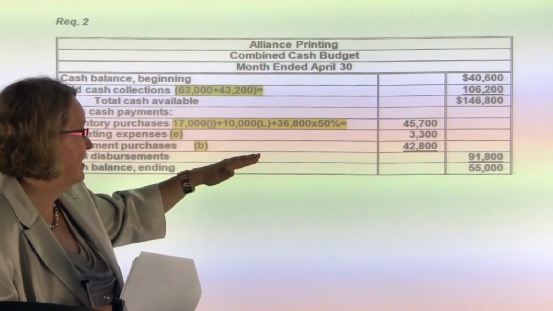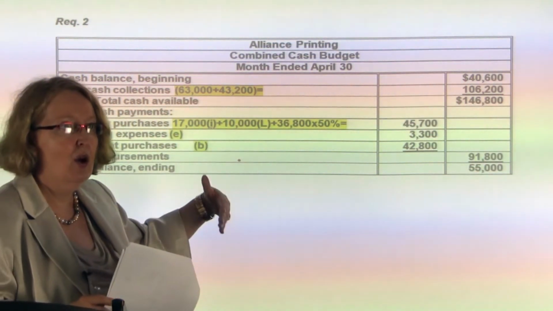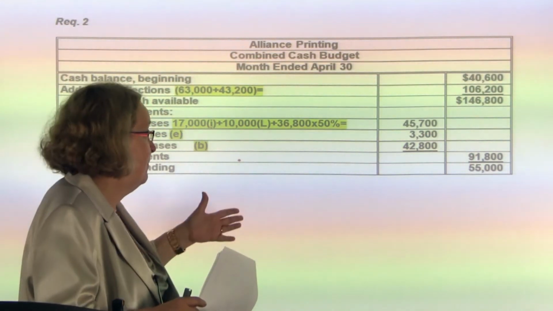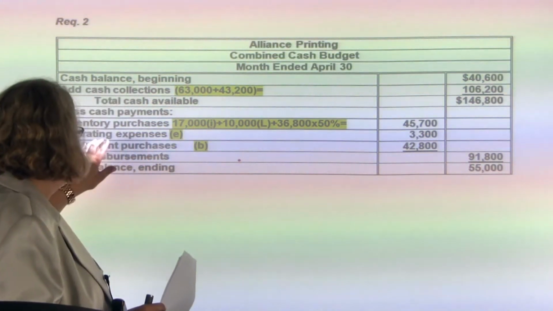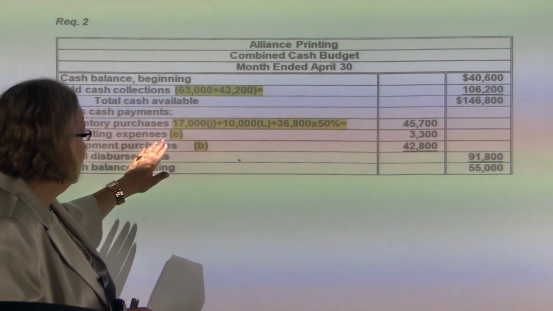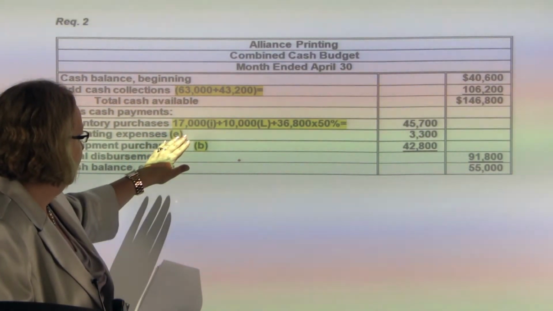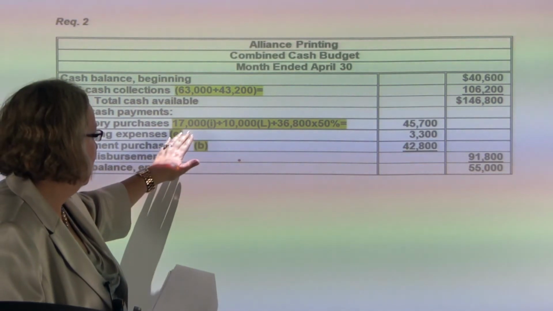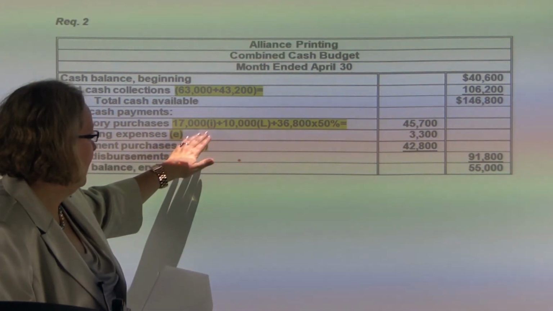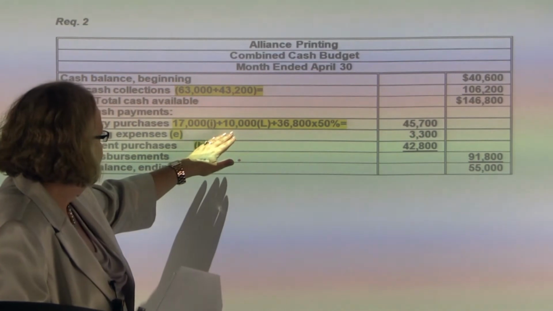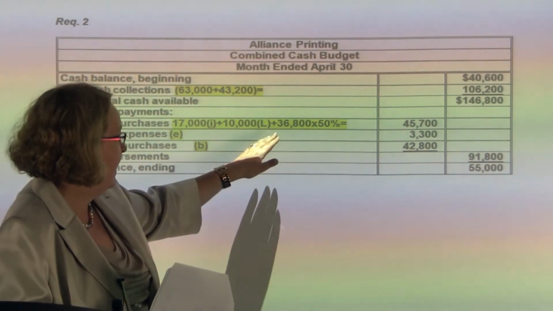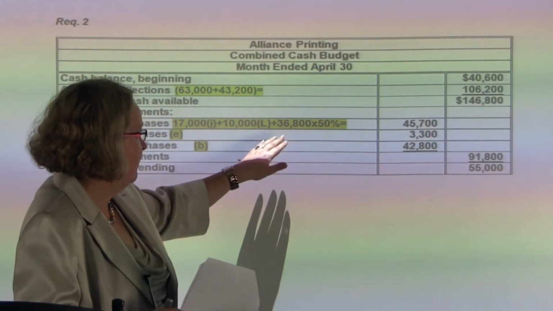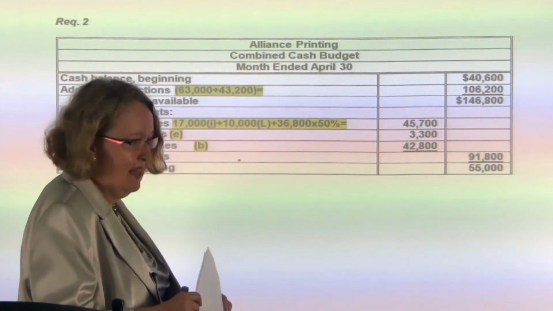It's 146,000. Now we want to identify the cash that we actually spent during the period. And so for inventory purchases, we're just bringing these amounts in from the schedule. So 17,000 comes from I, 10,000 from section L, and then 50% of your 36,800.